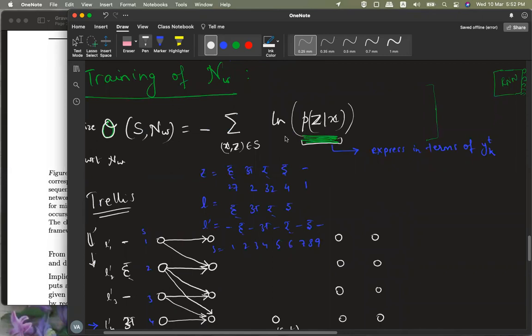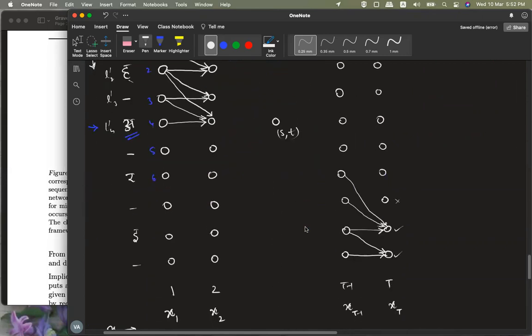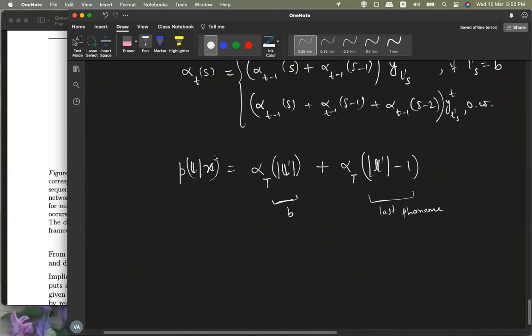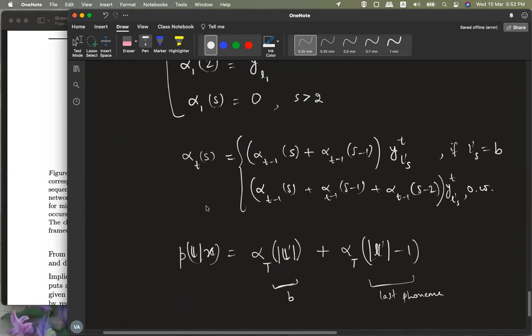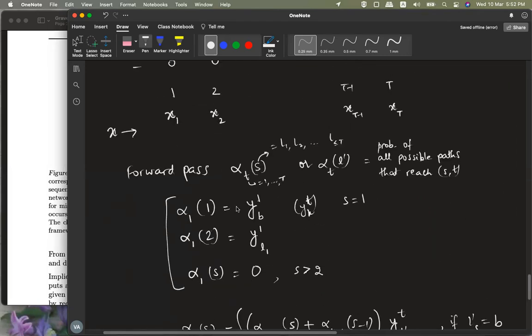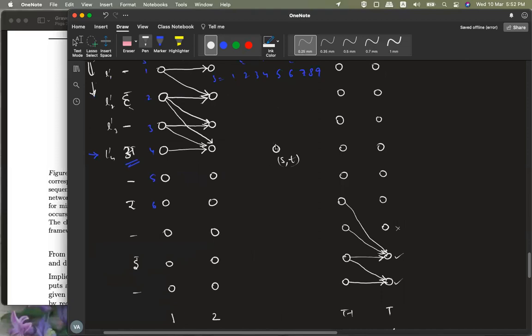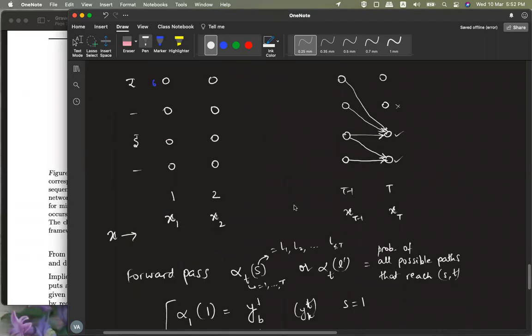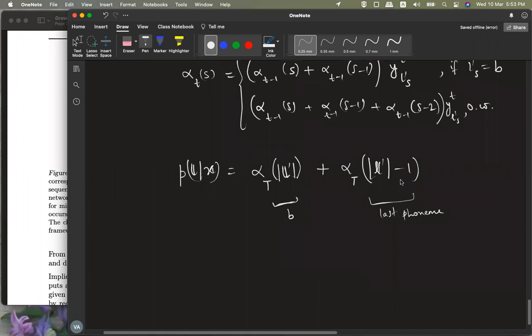The reason is that this probability, I have to differentiate it with respect to some particular y^{L'}_{s,t}, some particular node L'_s, or you can say s comma t. So getting that from this formula is very difficult.